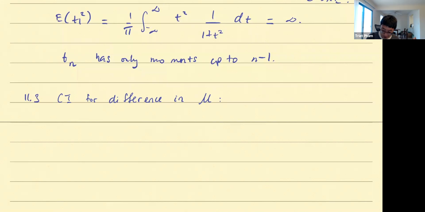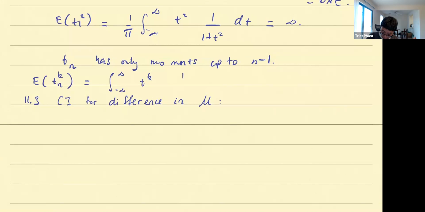You caught me there. I was trying to kind of wave my hand over it, but here's the thing. What I mean is this. The moment, so the expectation of T_n raised to the k will be the integral of t to the k times 1 over (1 plus t squared over n) raised to the (n plus 1) over 2, dt.